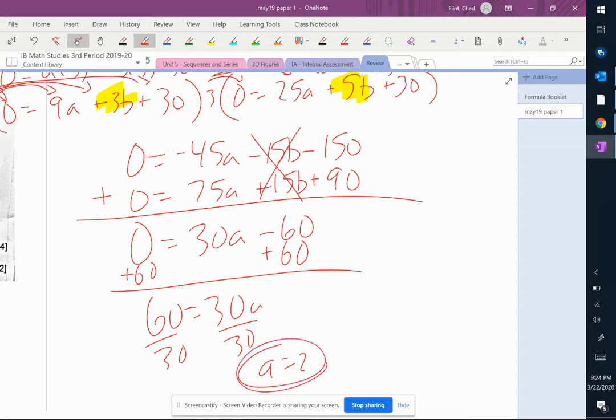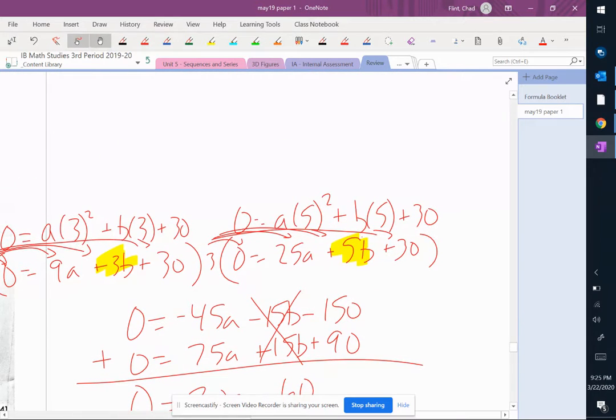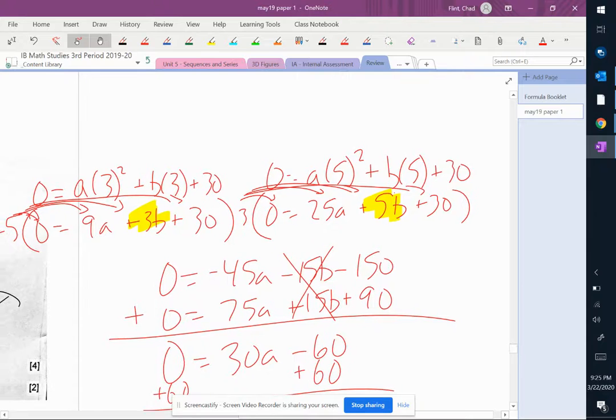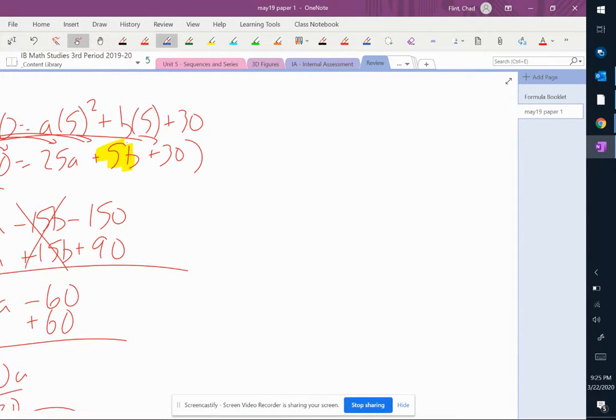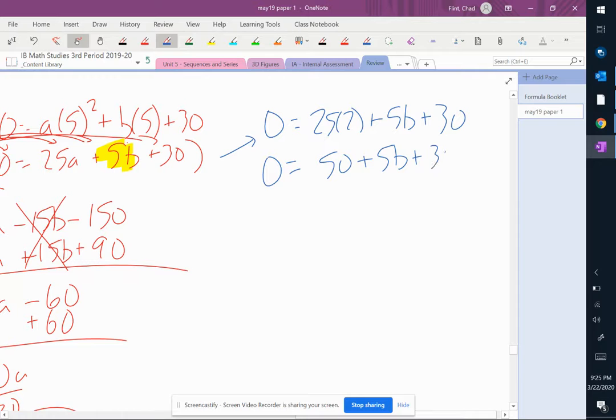So a equals 2. So now since I know a equals 2, I can come back up here and take either one of these two things. So I'm just going to put it into this one, so it's easier right here. So a is 2, so it's going to be 0 equals 25 times 2 plus 5b plus 30, which is 0 equals 50 plus 5b plus 30, which is 0 equals 80 plus 5b.